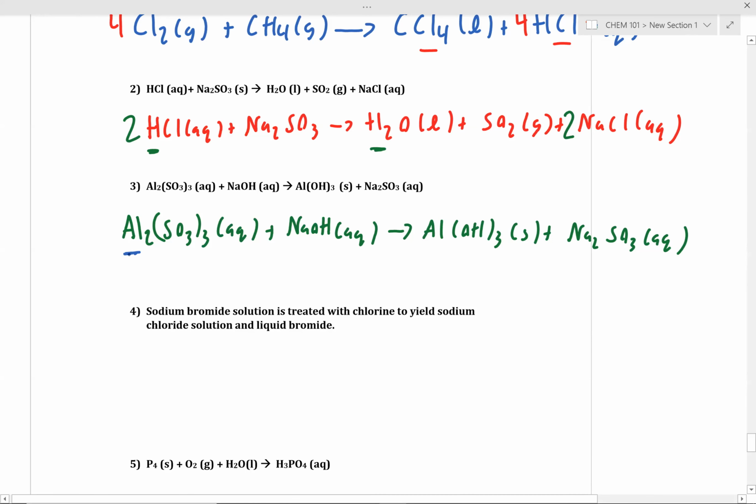So notice, is aluminum balanced in this case? No. Is aluminum found in the least number of elements? Is aluminum not found in a ton of different things in these formulas? No. So we have 2 aluminums on the left, so how many do we need on the right? 2. Now, instead of thinking about individual atoms, I want you to think about ions. So how many hydroxide ions do we have on the right?